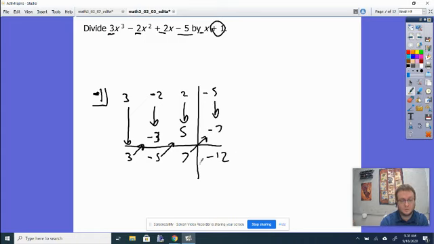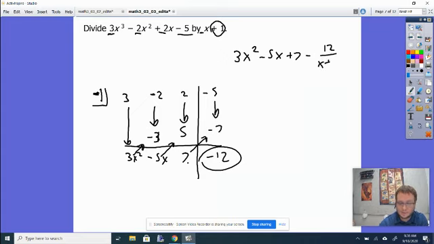Remainder, constant, x squared. 3x squared minus 5x plus 7 minus 12 over x plus 1. Drop down, multiply, add, multiply, add, multiply, add. Remainder, constant, x, x2, and if there was more, x3, x4, x5, and so on.